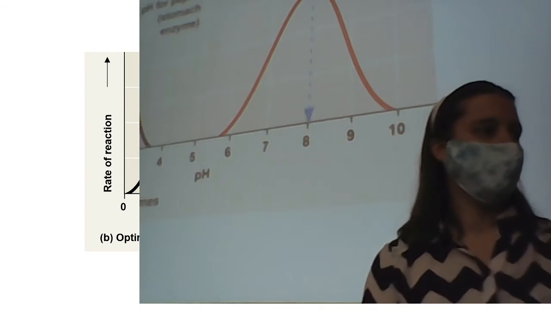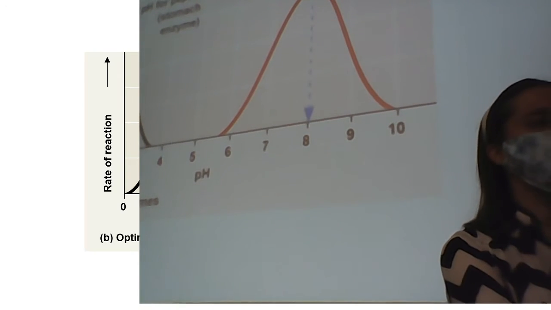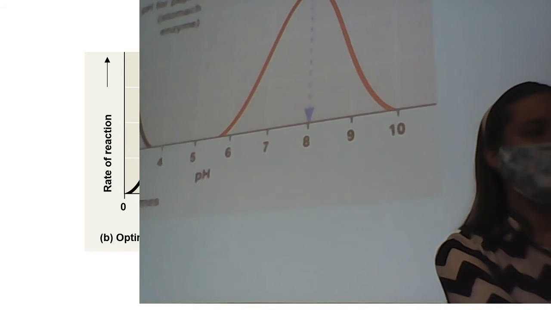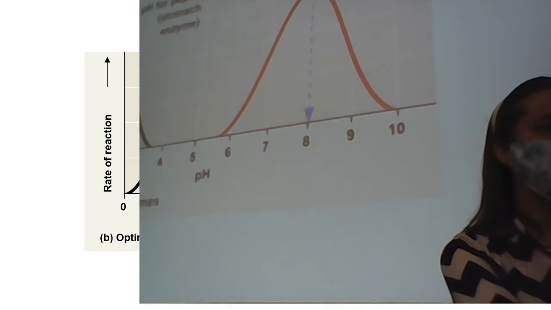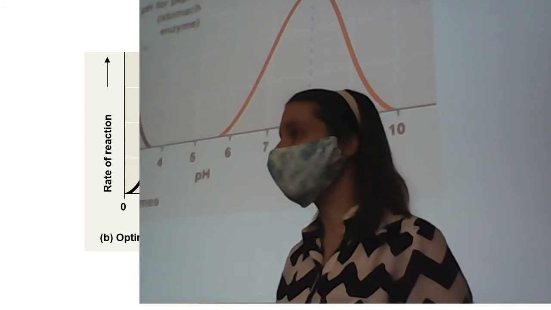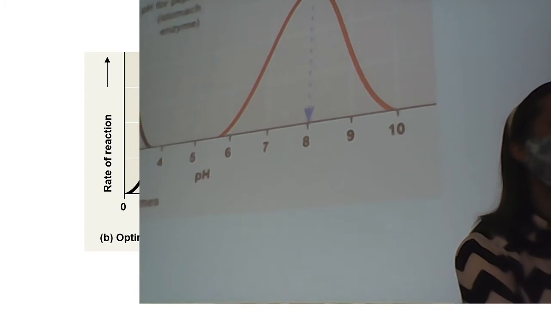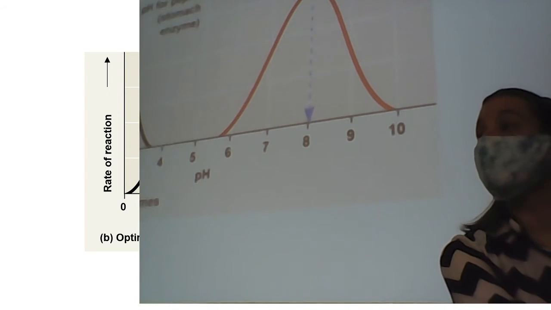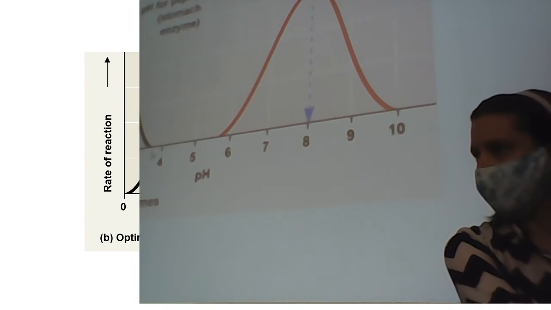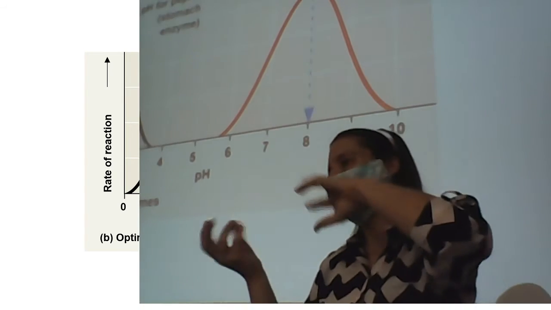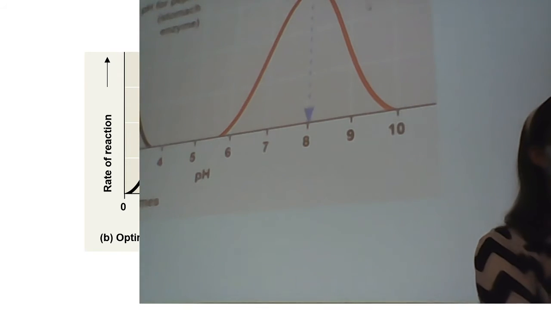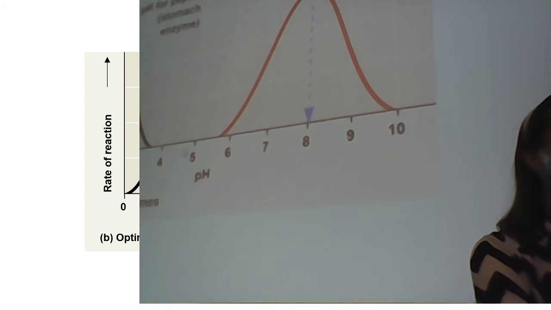Note that if it's super acidic, at 0 pH, the rate of reaction is pretty low. But at a pH of about 2, which is about where your stomach is, this thing works beautifully. But as it gets more acidic, it doesn't work so well, because of where the hydrogens are, the shape isn't right. So that's pepsin, which lives in your stomach.